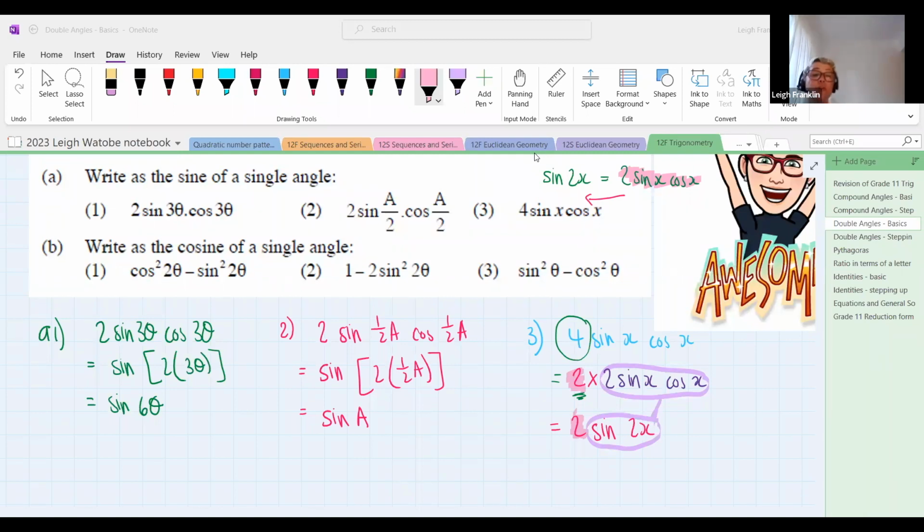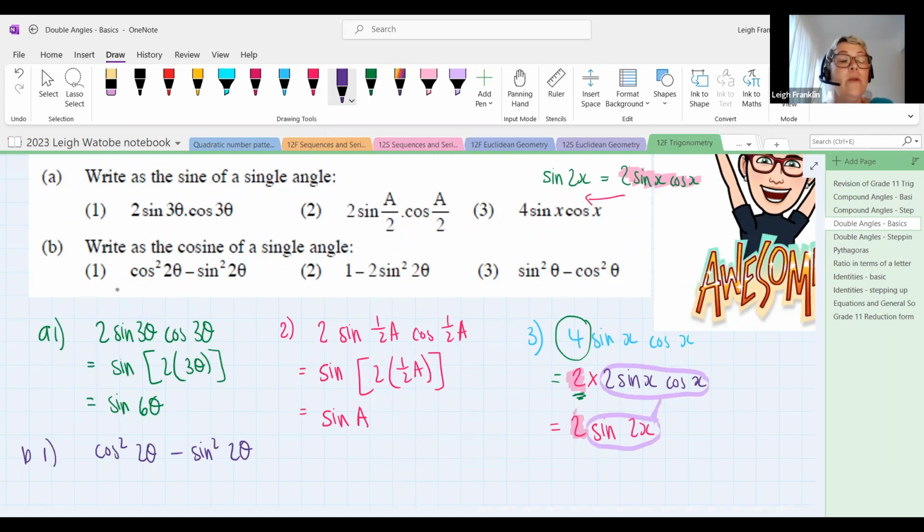All right, and then we can do the same thing when it comes to the reversal of the cosine double angle expansion. We've just got to look carefully at what they have given us. In the first one, B number 1, they give us cos squared 2 theta minus sine squared 2 theta. So 2 theta is our angle.